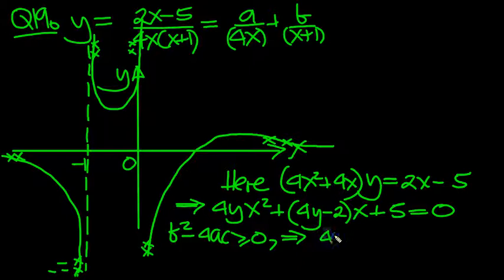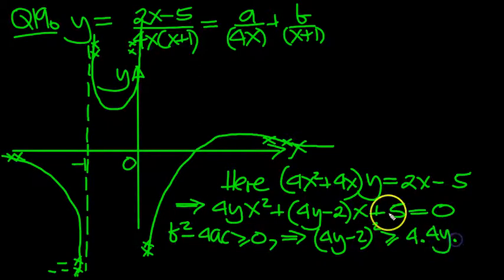B squared is 4y minus 2 squared is greater than or equal to 4 times a, which is 4y, times c, which is 5. So we get an inequality in y, which we can let equal 0 to find out the actual boundary values.